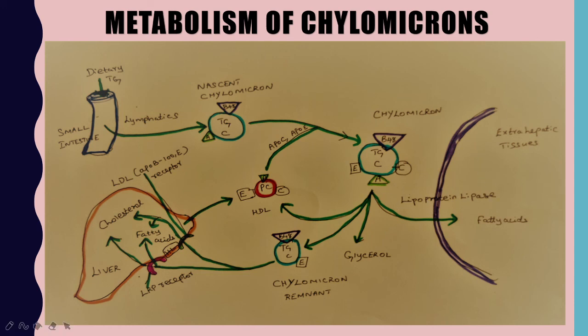Most of the triacylglycerol will be hydrolyzed into diacylglycerol, which can be converted into monoacylglycerol. Finally, it will be converted into free fatty acid and glycerol. This free fatty acid will bind with albumin, which gets transported into tissues.